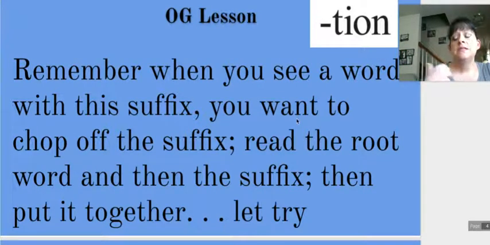So is it a CVVC word? Is it all of those different kinds of syllable patterns that we've learned so far? You're going to have to look for those patterns, figure out how to chop up that word. But the first thing you do is cut off that suffix. Then you look at the root word. How else can you break it down to sound out that word? So let's try.